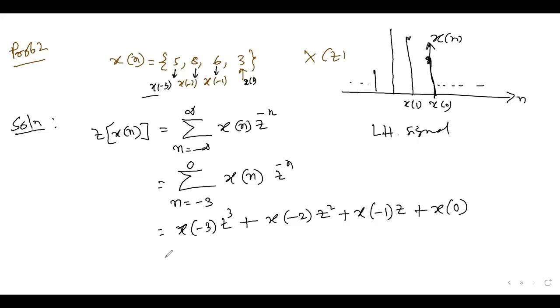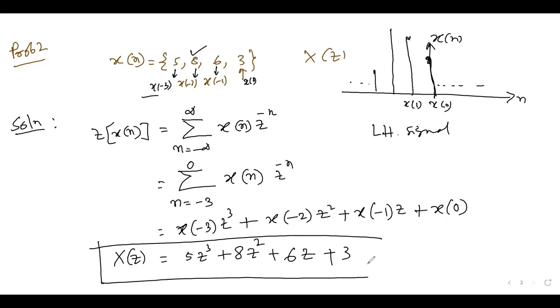So what will be the value? Therefore the z transform is 5z cubed plus x of minus 2 is 8z square, x of minus 1 is 8z plus 3. This is the z transform of the given left hand finite signal.